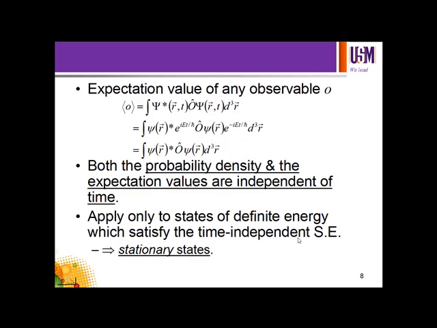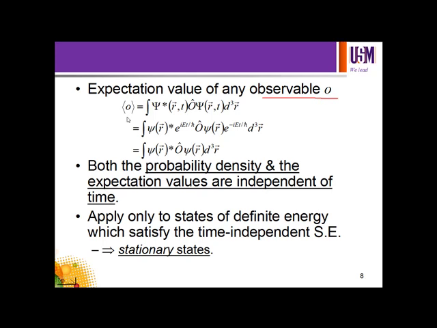Okay. So basically, it is applicable. That means the equivalence of the full wave function and the wave function depending on r only can be used in many other situations. For example, if you want to find the expectation value of any observable. When we say observable, it can be position, momentum, or energy. Okay, so we represent it with small o here.